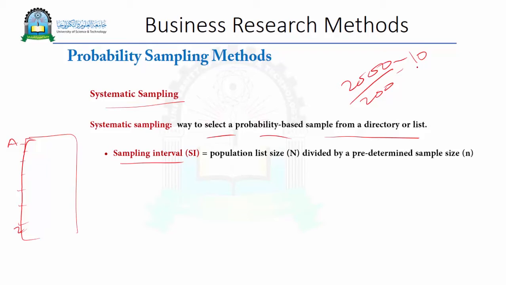So the SI is going to be 10. I will choose number 1 as the first choice. The second choice must be 10, the third 20, 30, until I get to the last choice and come up with 200 units.